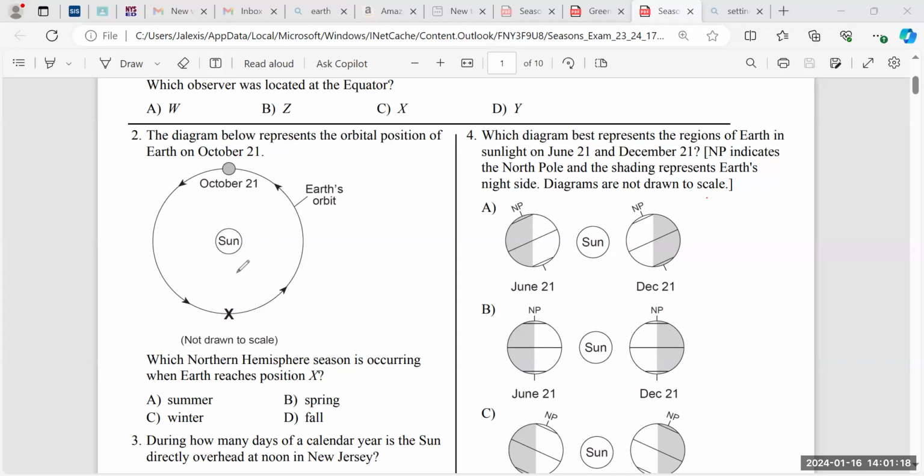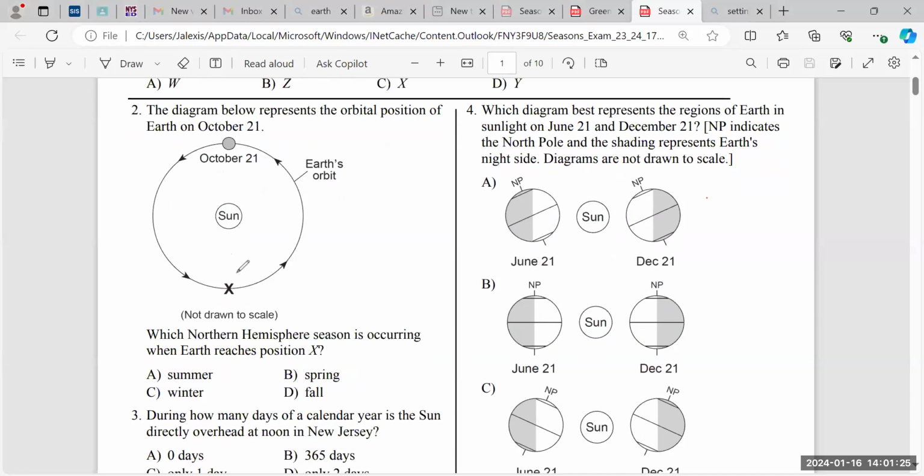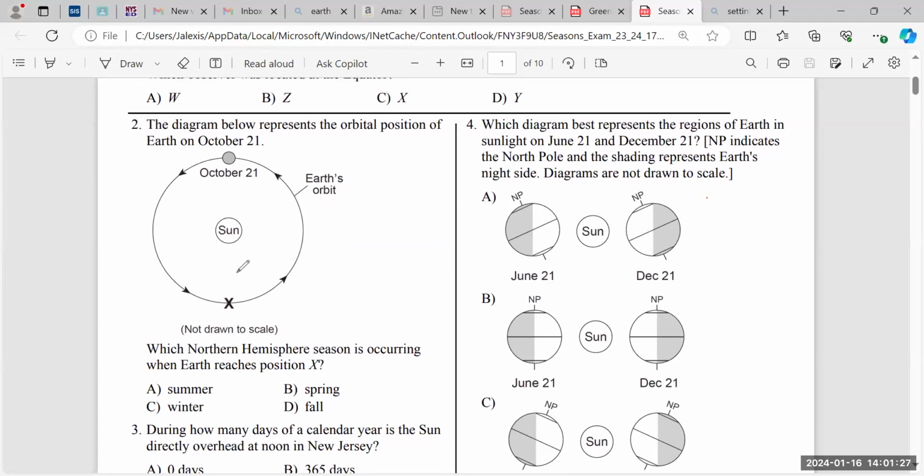So we know that June 21st is the summer solstice. We definitely know that. And December 21st is what, everybody? The winter solstice. So here's what I do know. During the summer solstice, the North Pole has to be tilted towards the sun.